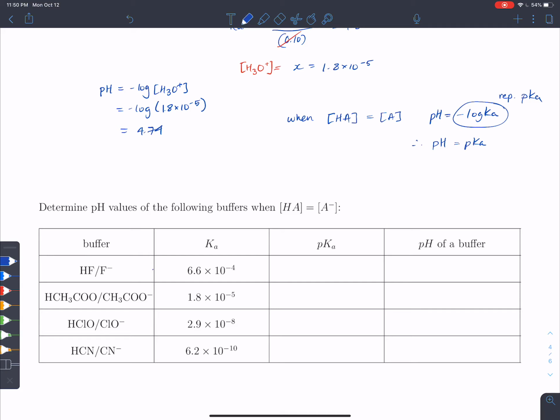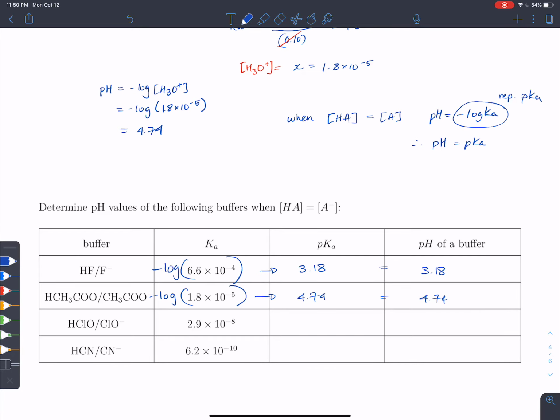So if I take the negative log of this, I end up getting my pKa, which is going to be 3.18, and this is going to be equal. Same thing here. If I take the negative log of this, I end up getting my pKa, which is 4.74. And that's going to be equal as well, and so on and so forth.